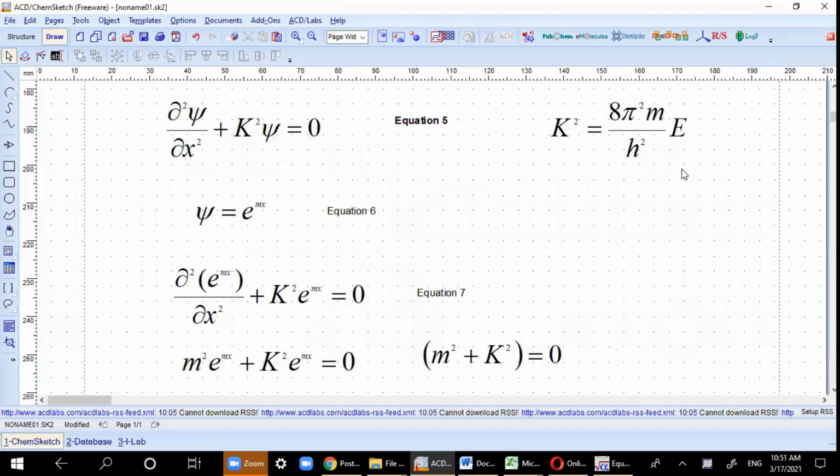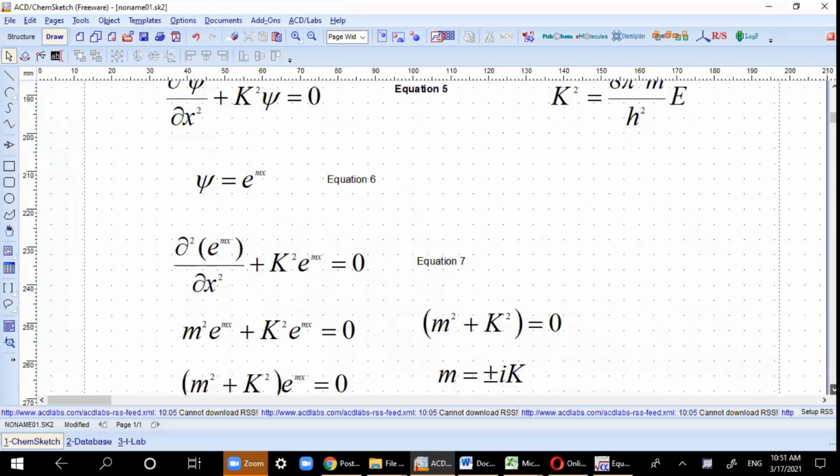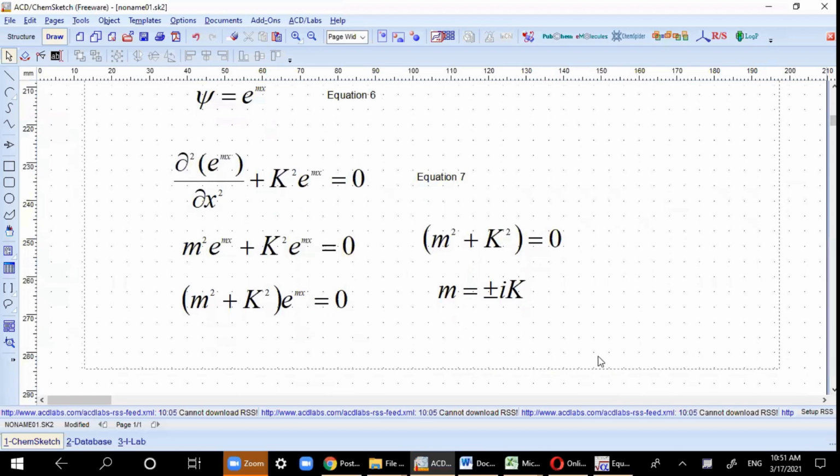On differentiation we get m square plus k square into e power mx, and as per our condition e power mx cannot be 0, so m square plus k square equals 0. Sending k square to the other side, the square root of minus k square gives plus or minus ik.